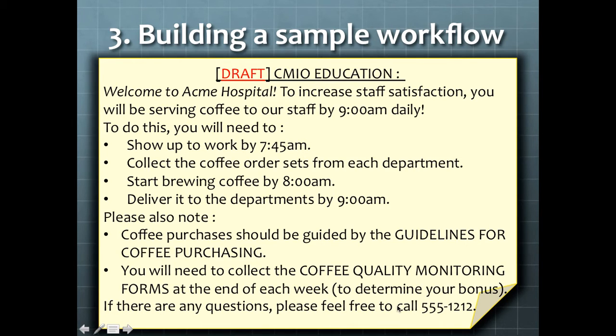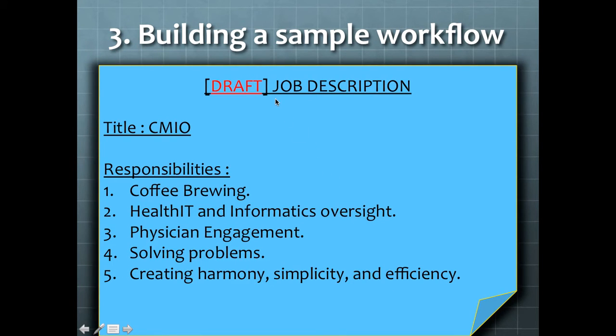If there are any questions, please feel free to call." We also then need to update the job description. The CMIO job description then needs to have coffee brewing as a responsibility.